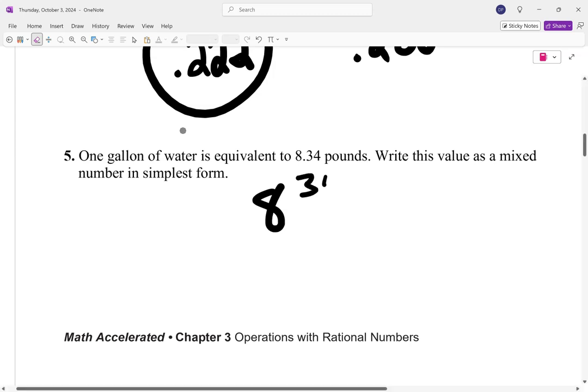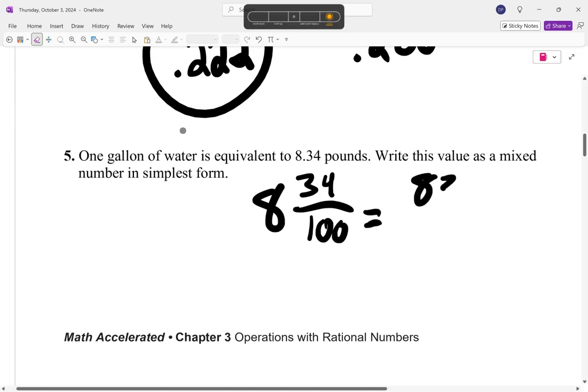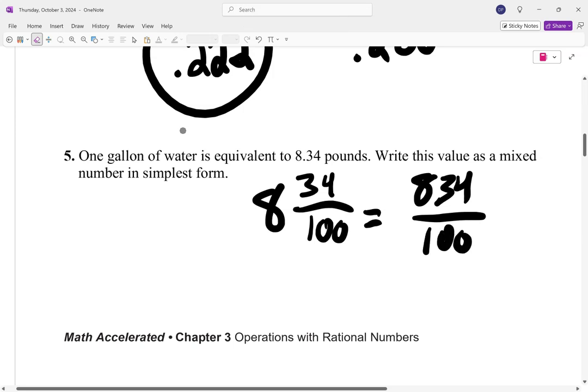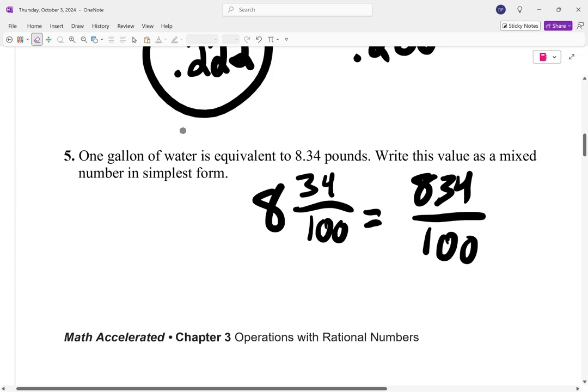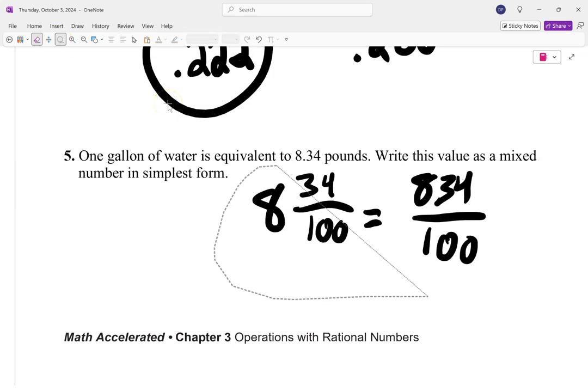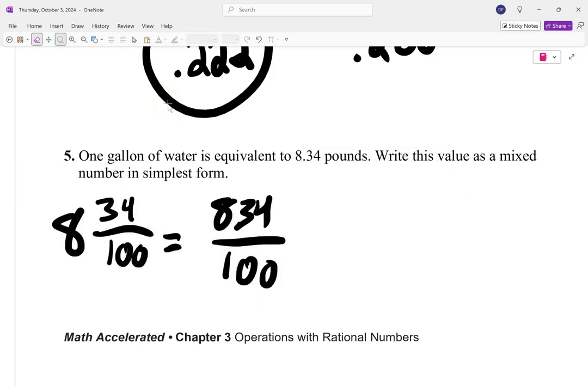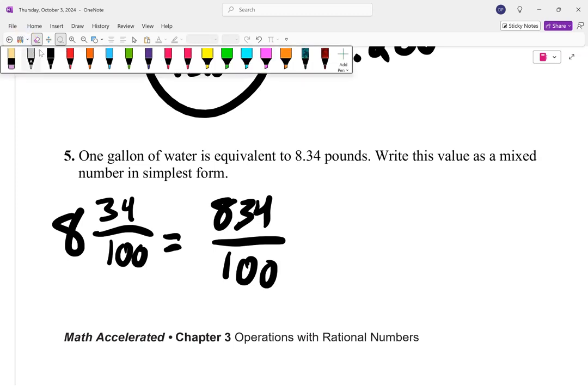Right. But usually we would do this step first, right? And then you can simplify that. Simplify that to what? 8, and you can divide 34 by 2, and you can divide 100 by 2. Well, actually, wait.